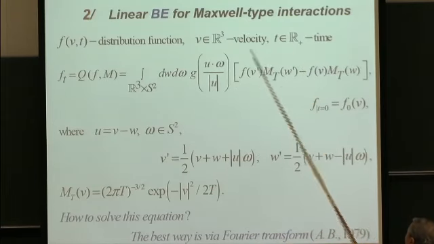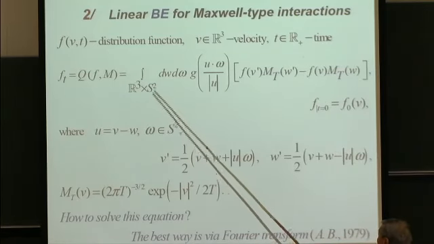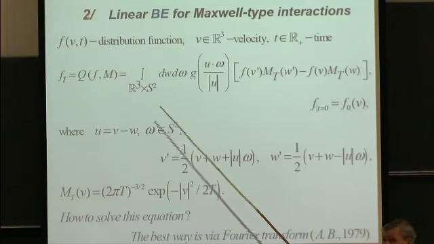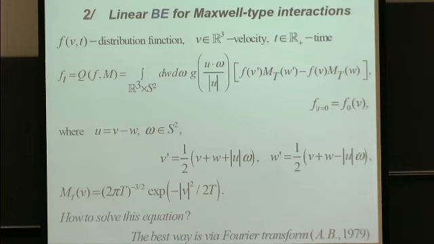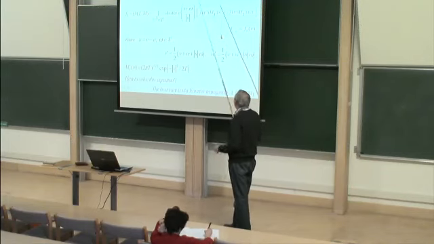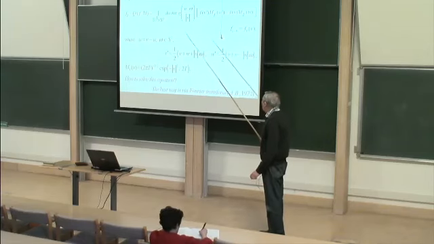Time is a positive number, and the linear collision integral means that physically we have a test particle, and we consider a relaxation of this test particle in the equilibrium gas.